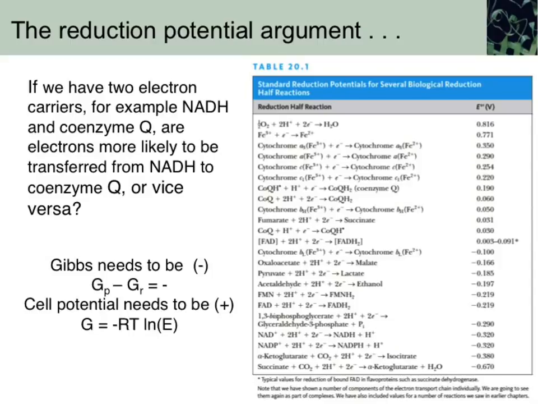It can't overcome that energy, and it won't reverse. So we're looking officially at our change in Gibbs free energy. Our change in Gibbs free energy needs to be negative. That's the Gibbs free energy of our product minus the Gibbs free energy of our reactant, and that needs to be negative for a spontaneous reaction.